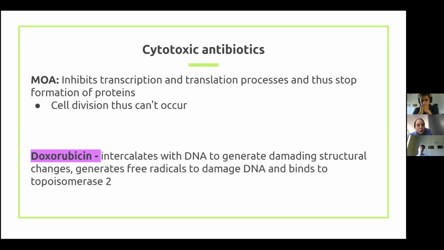We have doxorubicin, which intercalates with DNA and makes a structural change. It generates really toxic things to the DNA and damages it. How I remember this was the doxo, the OX, and the same as cyto, toxic, so the OX there. So just remembering those together.